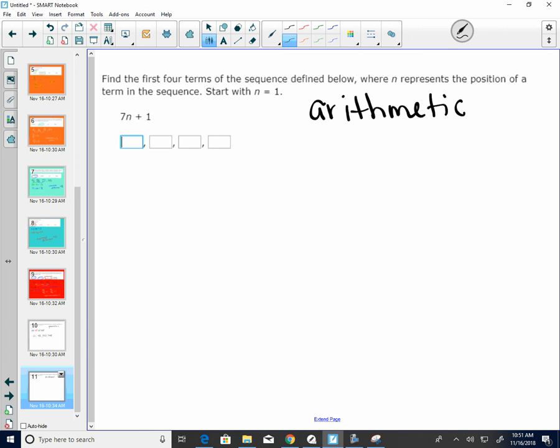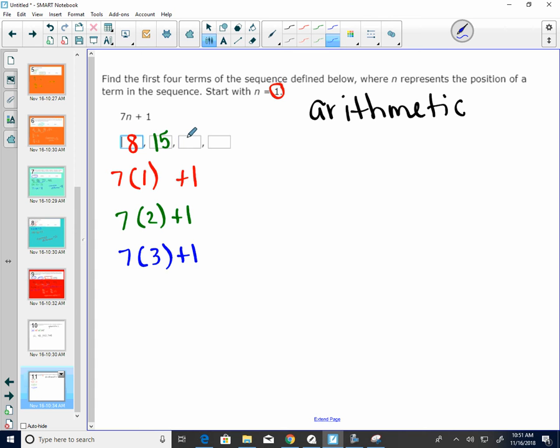So I'm simply doing 7, and it says let's start with 1. 7 times 1 plus 1, so the first number is going to be 8. I have to do 7 times 2 plus 1, so the second number is going to be 15. Then 7 times 3 plus 1, so the third term is going to be 22.